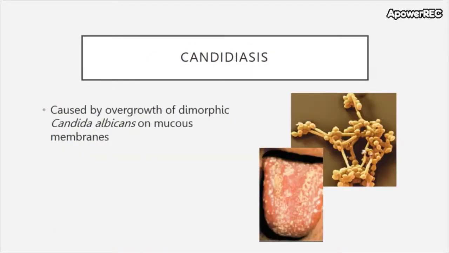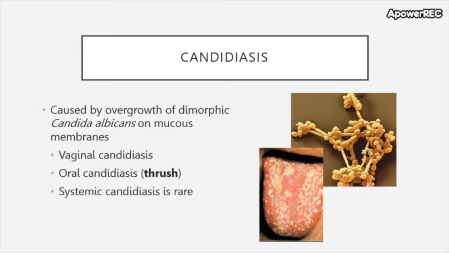You can get yeast infections that are caused by an overgrowth of the dimorphic Candida albicans on mucous membranes. Dimorphic just means that it can exist as individual yeast cells, or it can have a typical fungal growth pattern, as you can see in the image on the right.